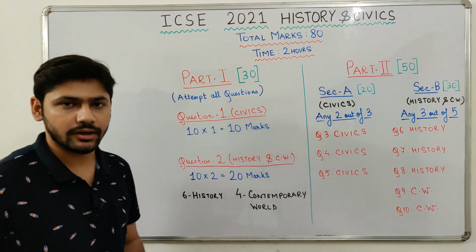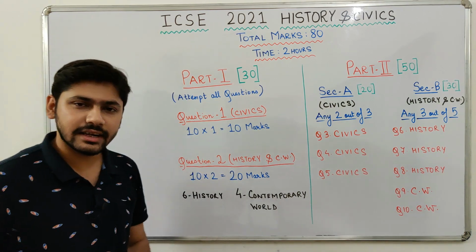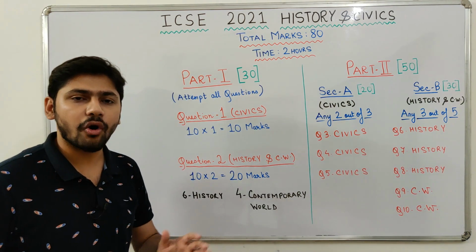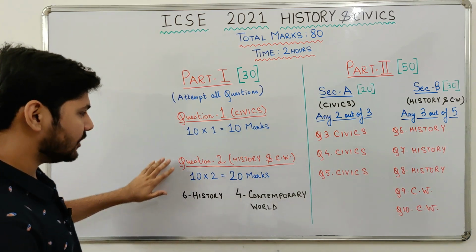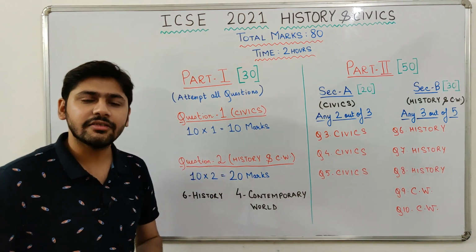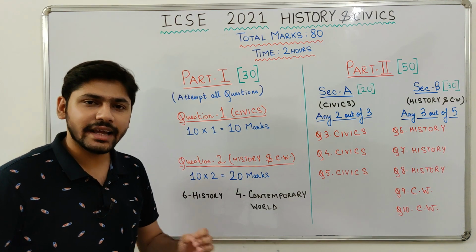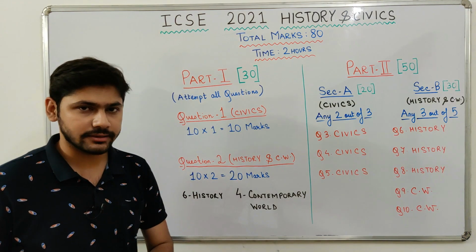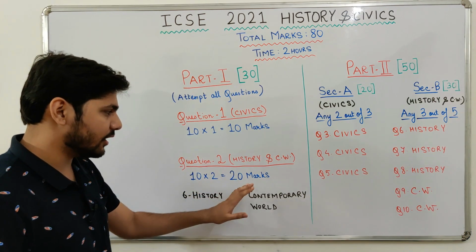Let's begin with part 1. Part 1, 30 marks. This is a compulsory part and you will have to attempt all the questions over here. You will get question 1 and question 2. Question 1 will be from Civics and it will have 10 subparts of 1 mark each to give you 10 into 1, 10 marks. Question 2 will be from History and Contemporary World.